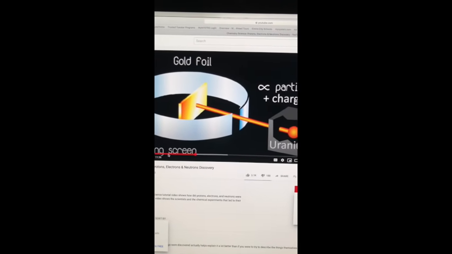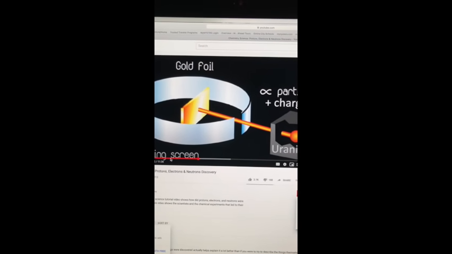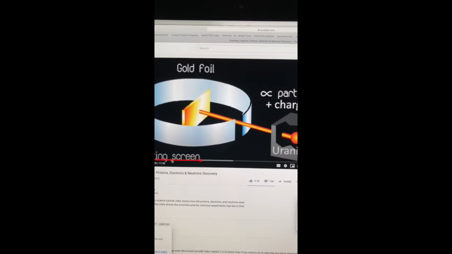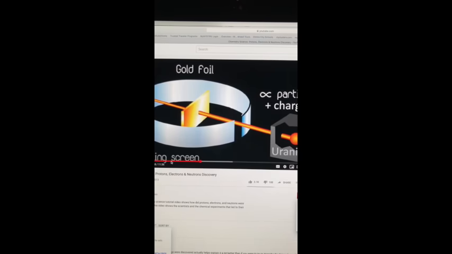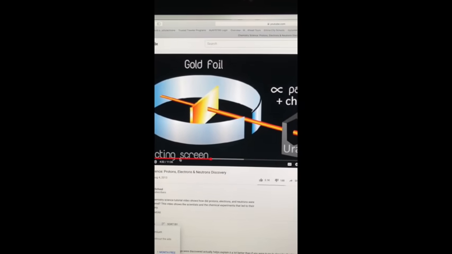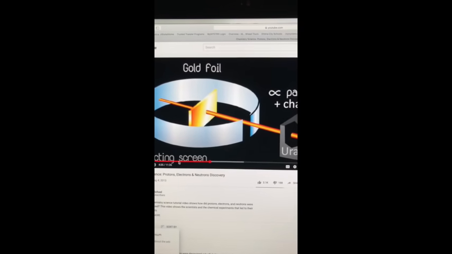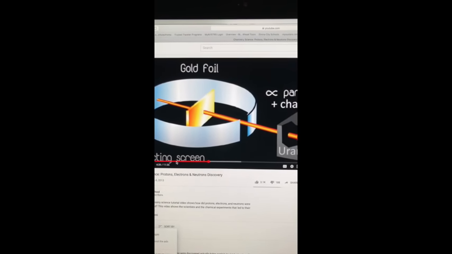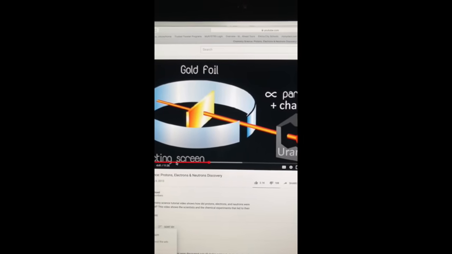If the gold atoms were like billiard balls, then the alpha particles would be blocked and none would arrive at the screen. Instead, almost all the alpha particles passed straight through the gold foil as though it wasn't there. Rutherford realised that the gold atoms were mostly empty space.